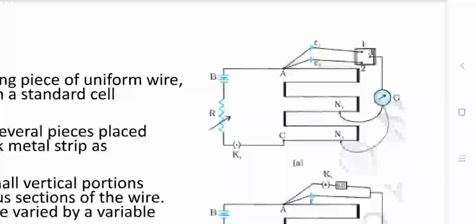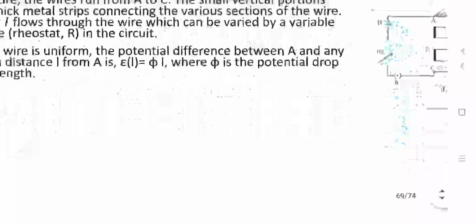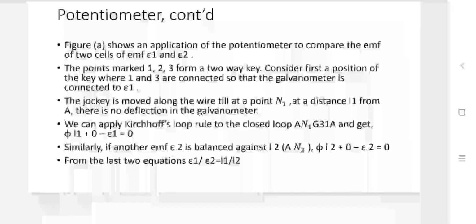So from the first equation, phi equal to epsilon 1 by L1, and from the second equation, phi equals epsilon 2 by L2. Compare both the equations. So my equation becomes epsilon 1 by epsilon 2 equal to L1 by L2.